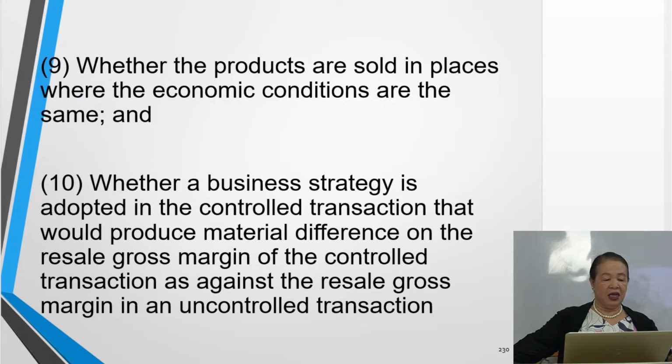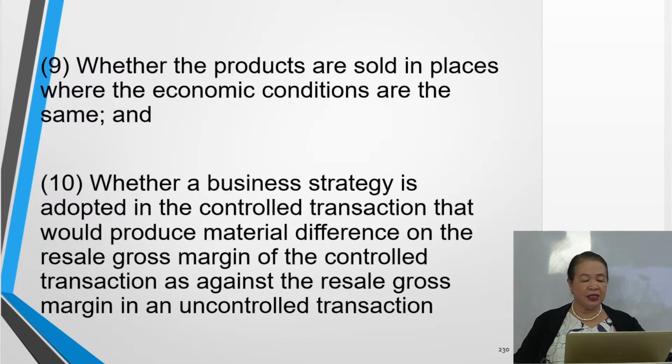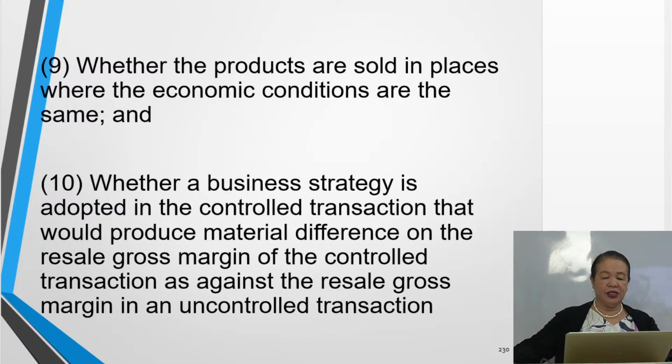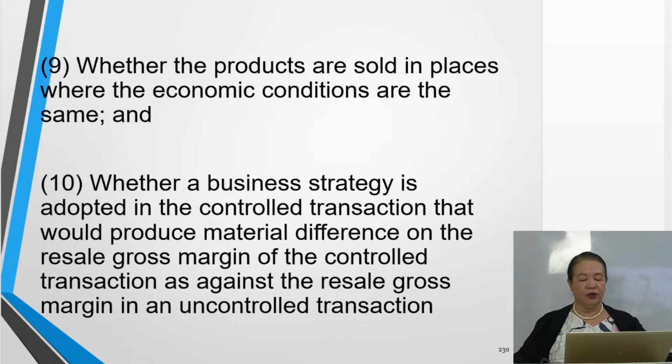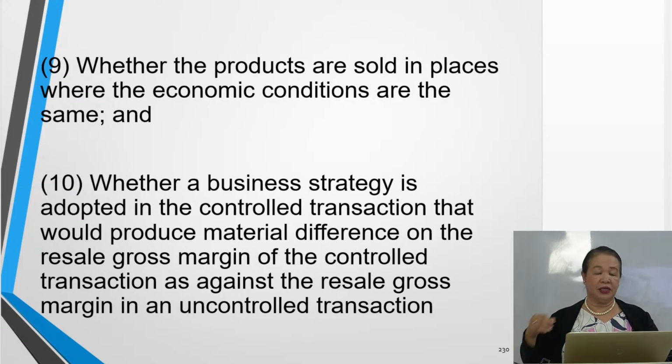So, kailangan yung economic conditions ng place pareho kung mag-compare ka, no? Number 10, whether a business strategy is adapted in the controlled transaction that would produce material difference on the resale price margin of the controlled transaction as against the resale gross margin in an uncontrolled transaction, no? So, business strategy, consider din po natin, no?